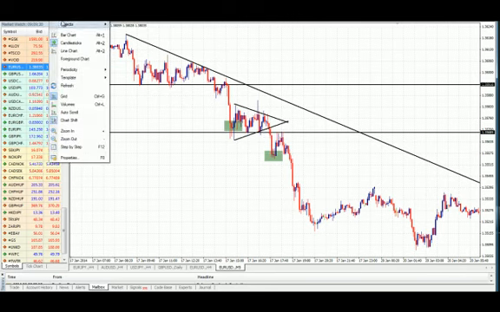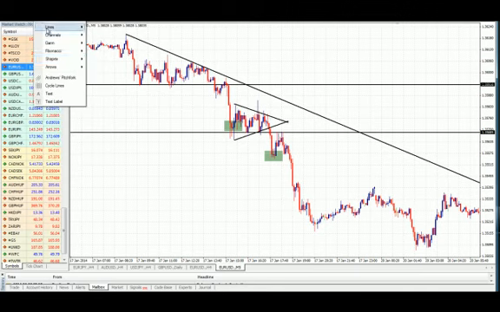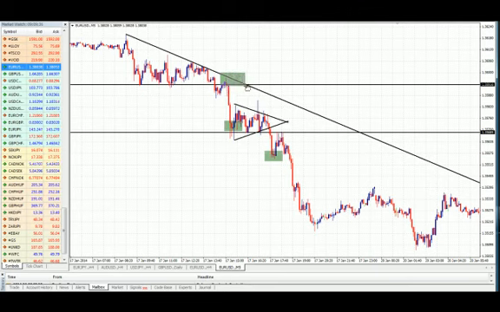So let me grab another rectangle so that we can color the actual entries. Here we have the test back of the level of support as resistance, and here we have the test back of this level of support also as resistance.